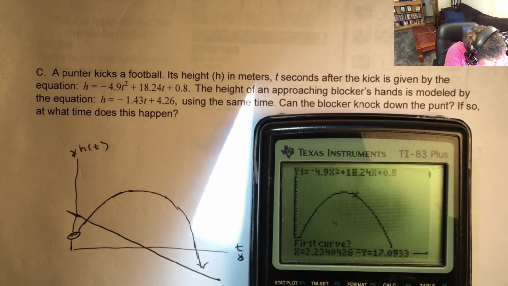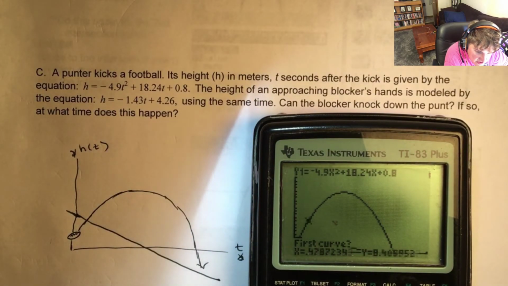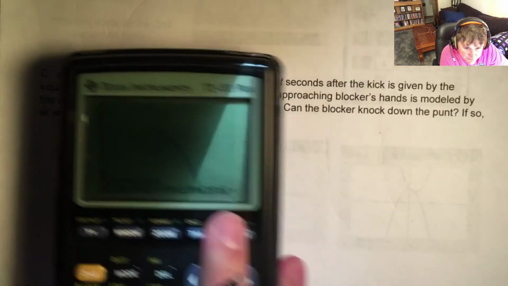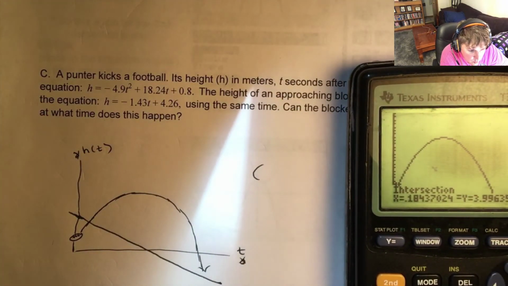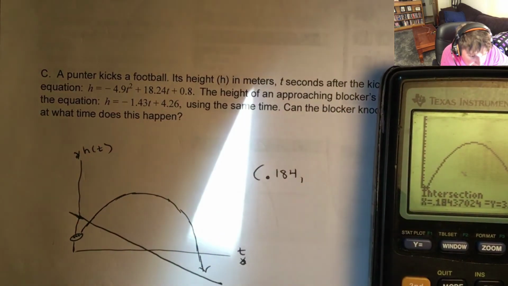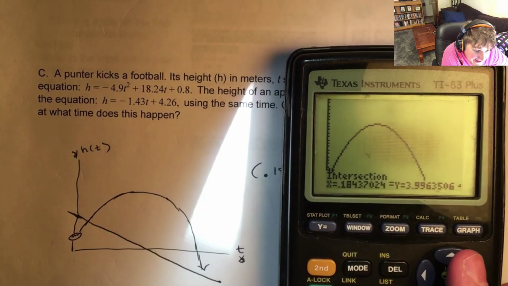On the first curve, I want to get as close to where I believe it's intersecting as humanly possible, which was right about here, give or take a few. Right about there. So this says it's going to intersect at approximately 0.184, 3.996.